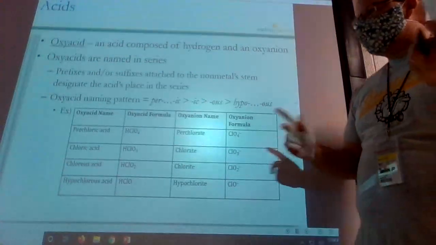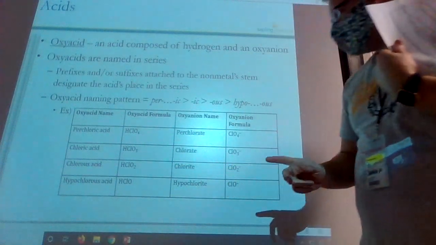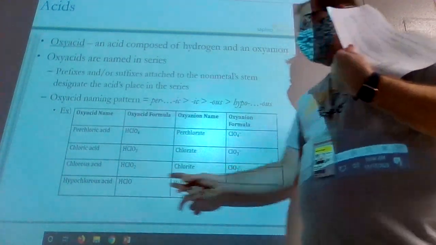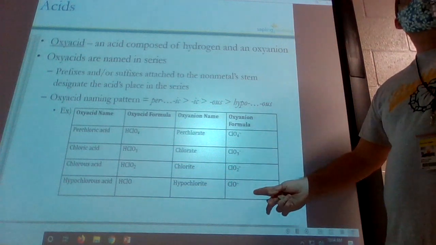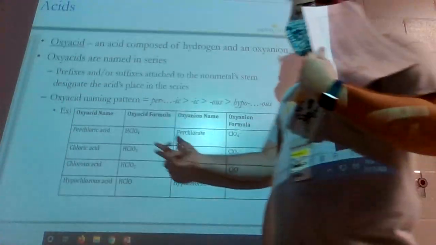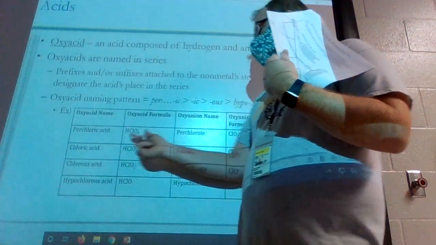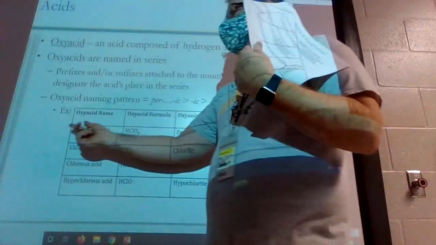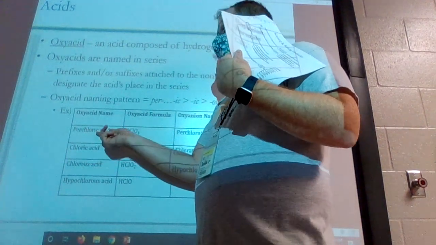And those are your 4 different series for how many oxygens you have. They have 2 examples here, one with your actual acid, and then just the oxyanion name. So if it has hydrogen along with the chlorate or perchlorate ion, it's going to be perchloric acid.